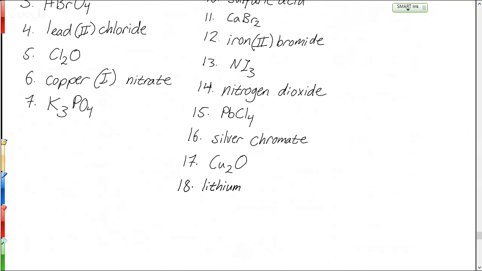18, lithium is a fixed charge. If iron is +3, then we need 2 of them for 3 oxygens. So that makes iron 3 oxide.